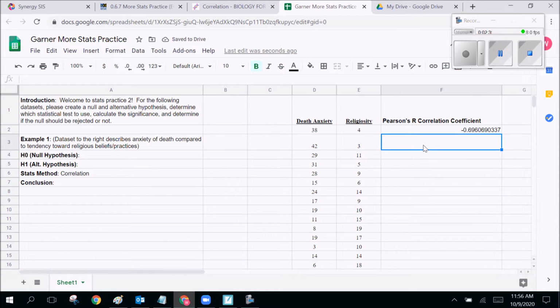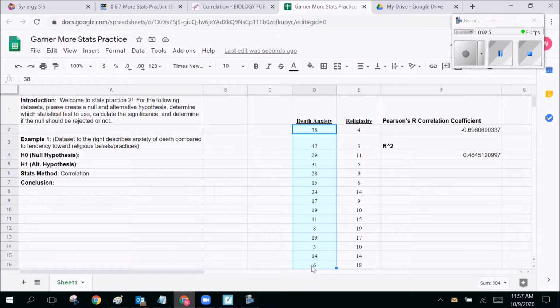Now we can also calculate the R square value if you want to, and the R square value is essentially just equals this number, shift 6 for the caret key, and then press 2 for your squared, and that gives you your R square. Your R square is essentially just a description of how, basically it's asking you, is the change in your X variables indicative of all of the change in your Y? Okay, so it's not asking whether it's positively or negatively correlated, it's just asking whether or not the physical change in your X values is at all related to the change in your Y values and how related it is.